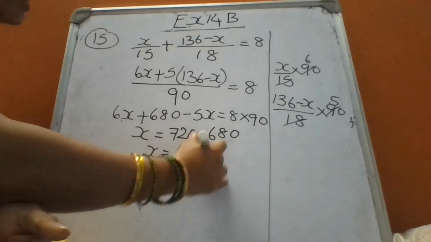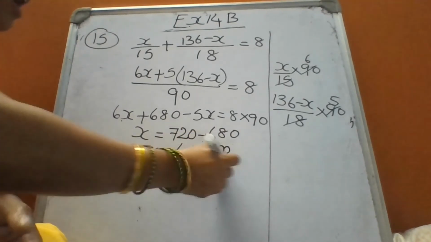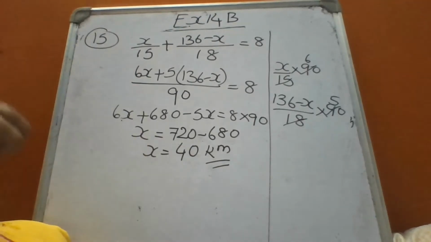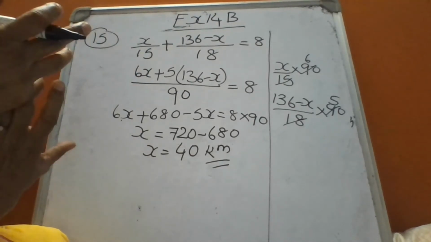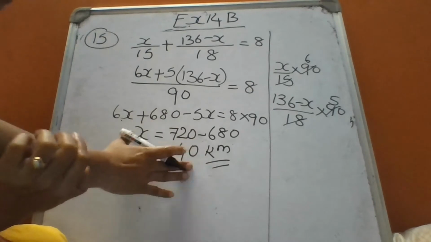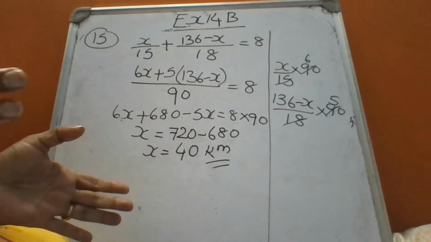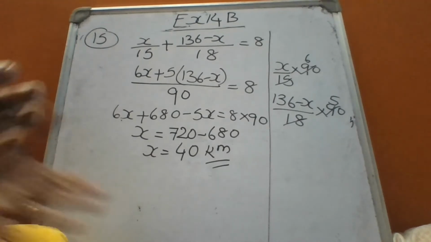kilometer. So the first part, what he travelled with the speed of 15 kilometer per hour, that distance is 40 kilometer. So the total distance he has travelled is 136 kilometer.